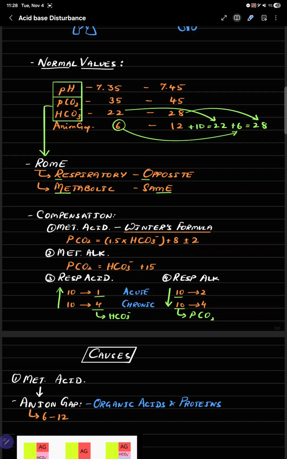Now, how will you identify whether the compensation is adequate or inadequate? Using the following formulas. For metabolic acidosis, there is a special formula called Winter's formula, which could be asked in exams. In metabolic acidosis, the initial inciting event is a change in bicarbonate level, and from that we need to extract the level of PCO2 which indicates adequate compensation.